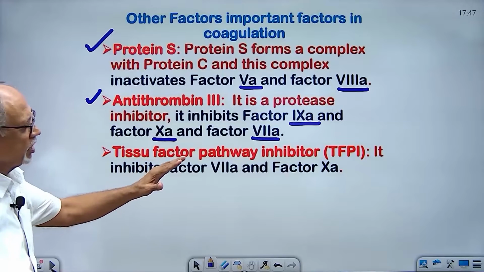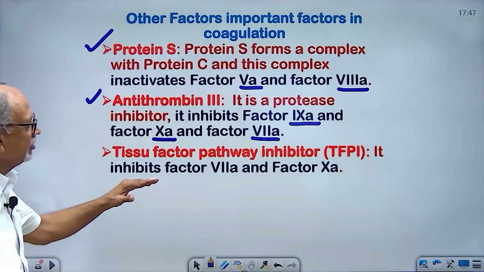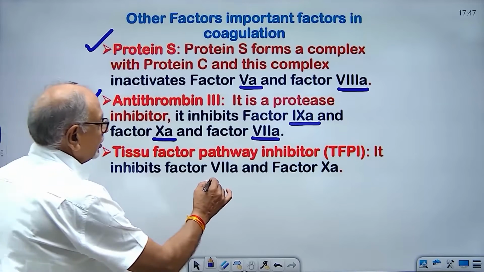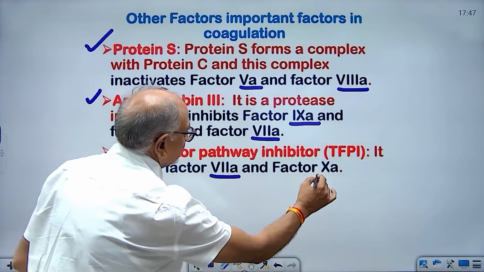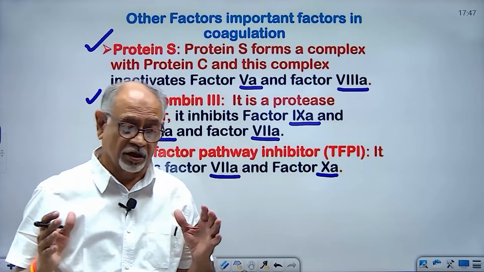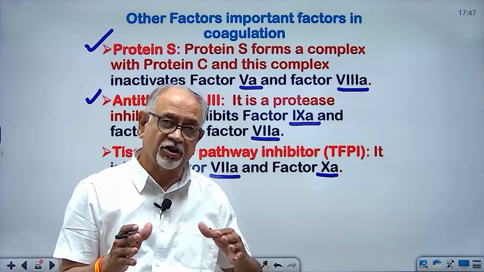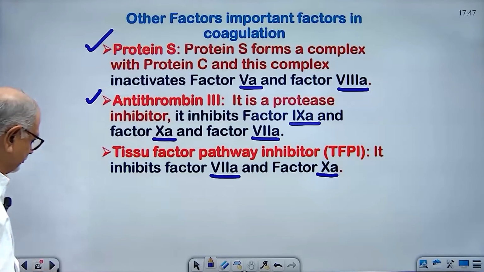Tissue factor pathway inhibitor, that is TFPI, inhibits factor 7A and factor 10A. So, all these are inhibitors of coagulation, that is anticoagulant factors.